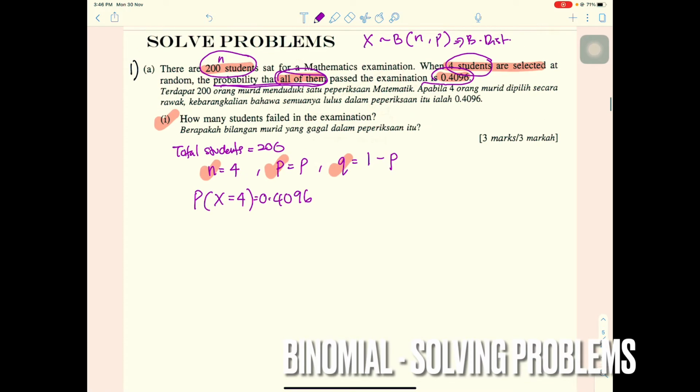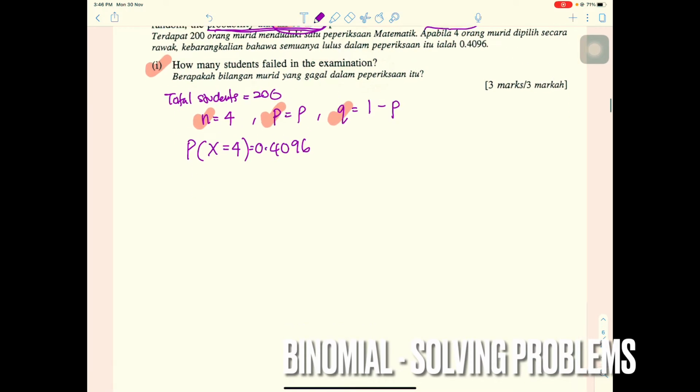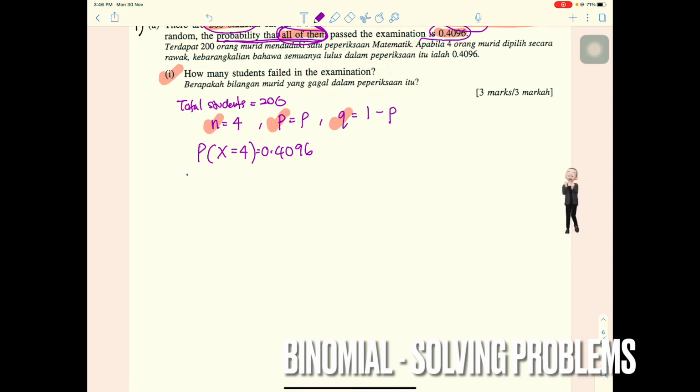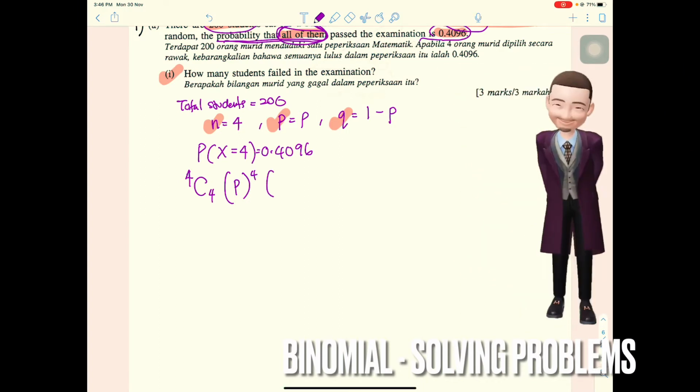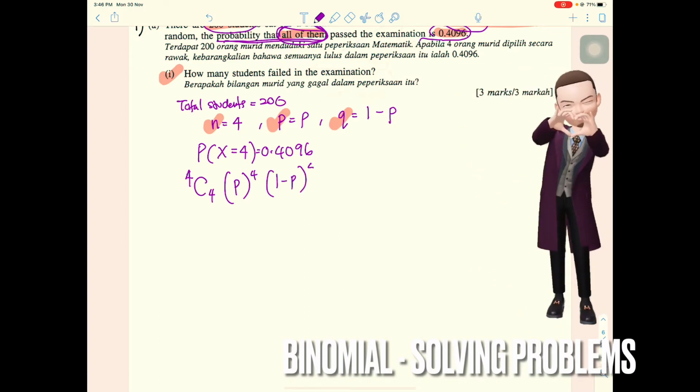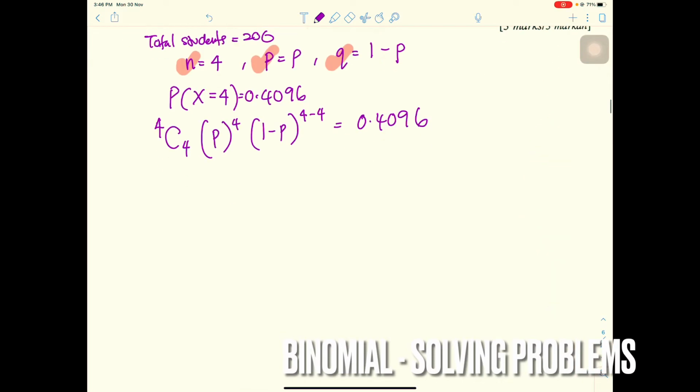Because all of them pass the examination, that means 4C4 times P power of 4, times Q equals 1 minus P power of 4 minus 4, equals 0.4096. And then we know 4C4 equals 1 as well as 1 minus P power of 0 equals 1.